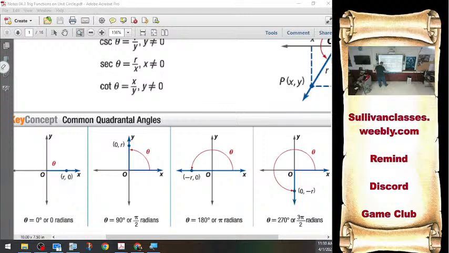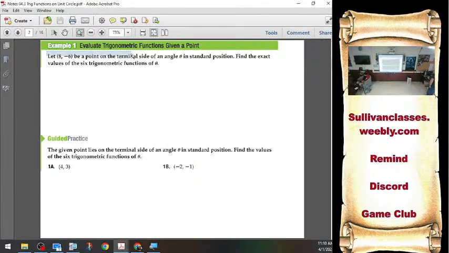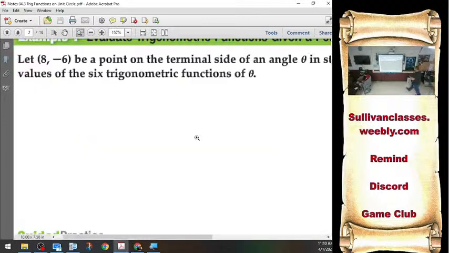So, all those little coordinate shortcuts, we're going to use them now. Let 8, -6 be a point on the terminal side of an angle in standard position. Go find all of its trig ratios. Well, the old school way to do this was draw your triangle.